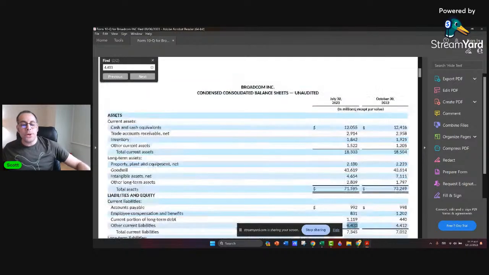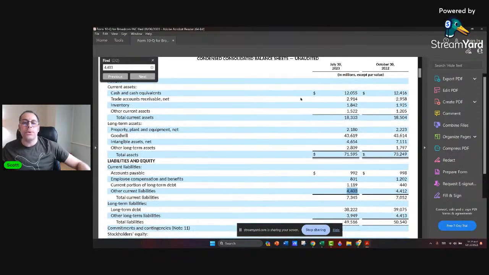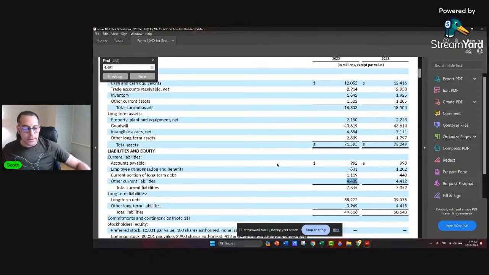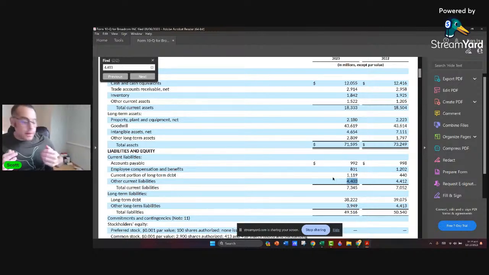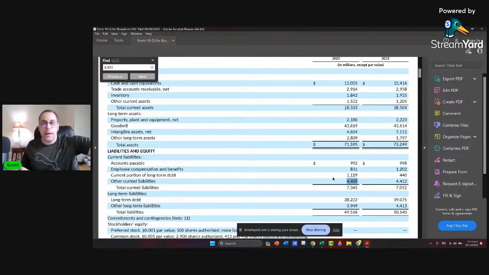They usually use other for insignificant items that on their own don't make up that much. But in this case, it's pretty big. But as long as they define it, that's all you really need. And in theory, this information has been scrutinized by analysts already.